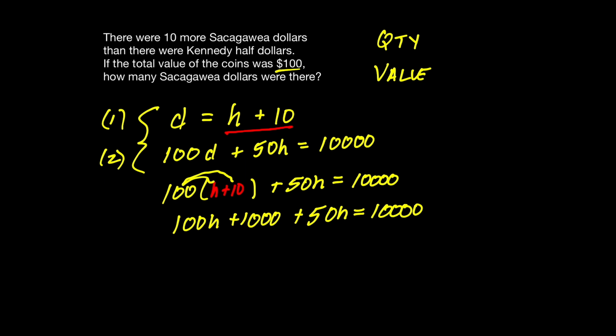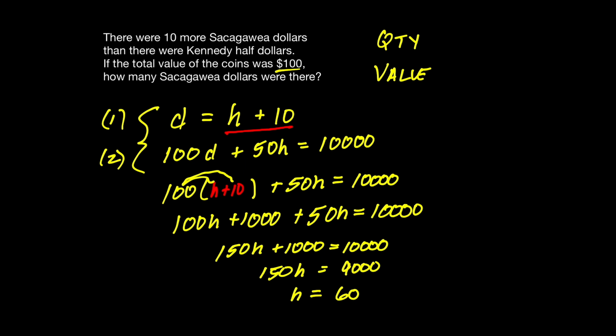Let's combine our like terms. I have 150H plus 1,000 equals 10,000. Then in this next step, I'm going to subtract 1,000 on each side. So that equals 9,000. If you type 9,000 divided by 150 into your calculator, you will see that the number of half dollars is 60.